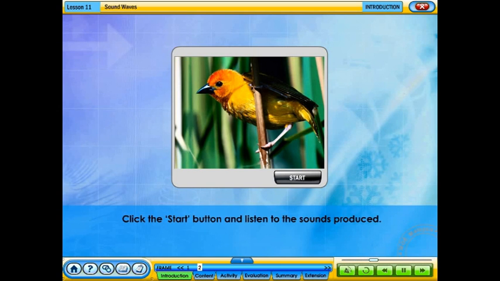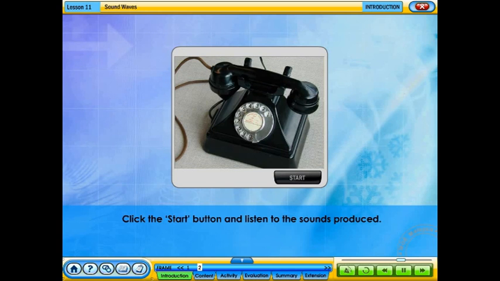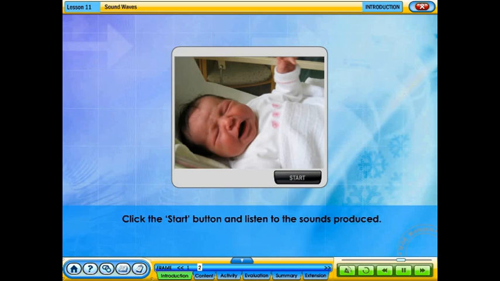Click the Start button and listen to the sounds produced. How are sounds produced?